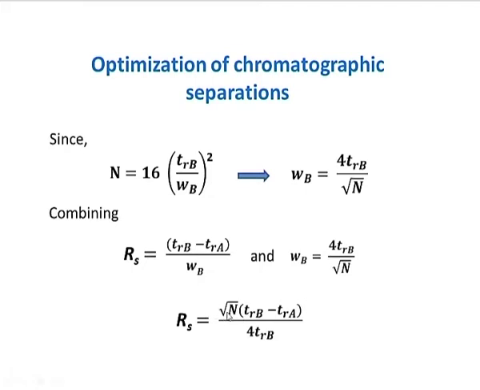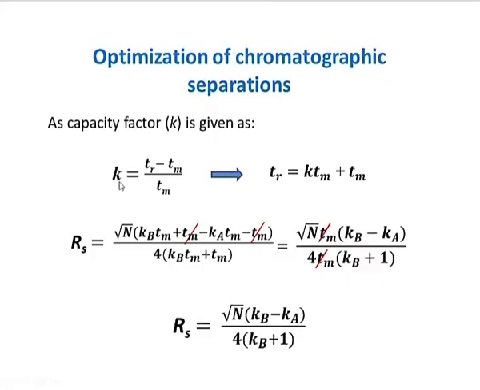Now, we are left with the other two terms. One is capacity factor and the third term would be selectivity factor. So, we need to bring in capacity factor into this equation now. Let us see how we would do it. I would like you to remember this equation for the time being. We will use it now.